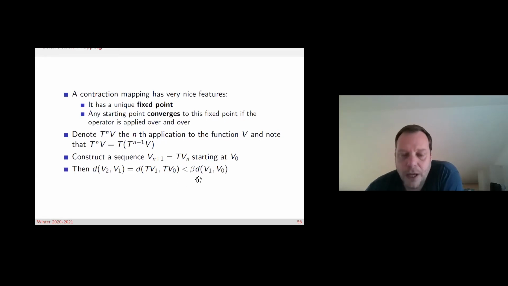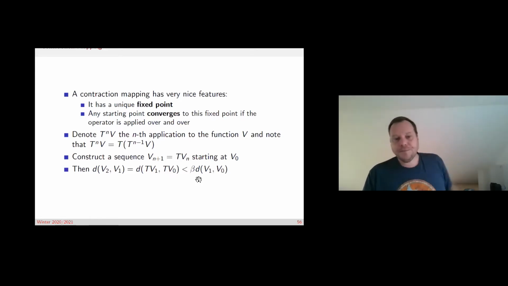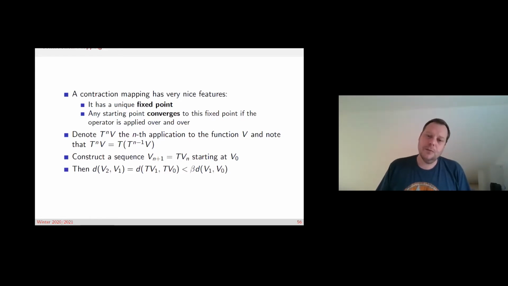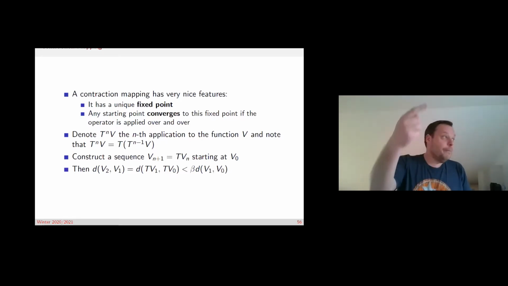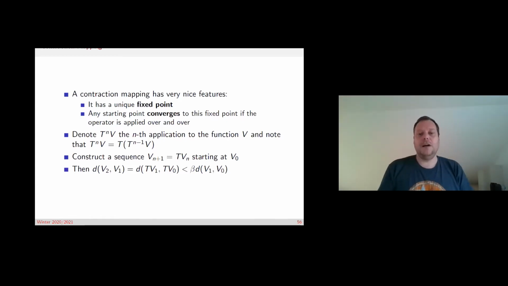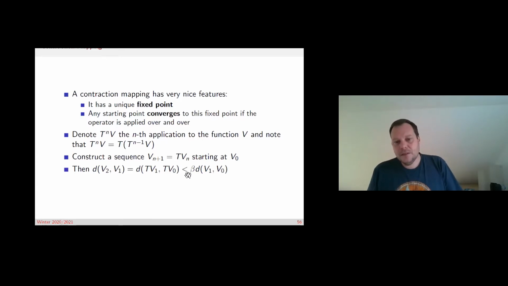And what we are saying is, okay, when we then move on, not measuring the distance between v0 and v1, but measuring the distance between v1 and v2, and those indices just refer to the number of applications of this operator on this function. If you do that, you would see that this distance will become smaller and smaller. Okay, and it will be smaller by a factor beta. So this distance decreases.